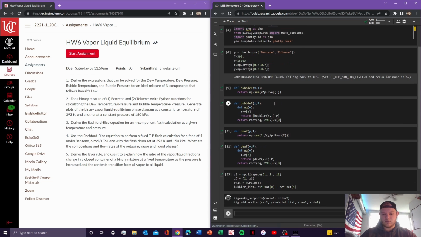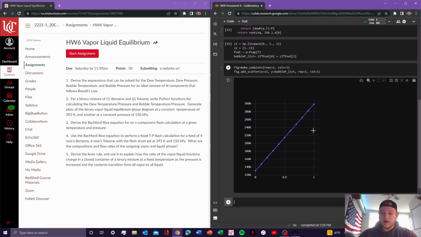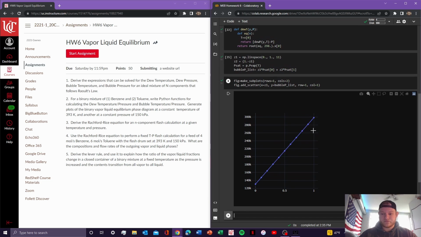And then this should work. And there is the equilibrium line at constant temperature of the bubble point. So you can see here the temperature of our graph as it increases.